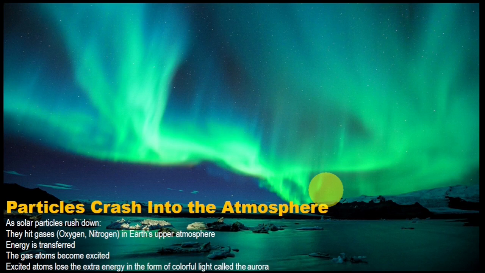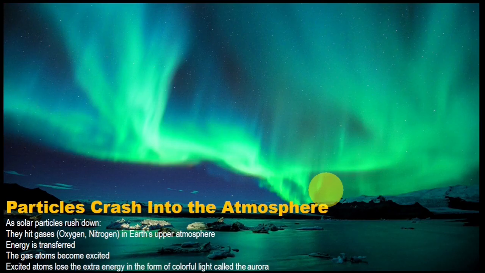In the process of coming down, they give up some energy until they become the way they were before. That energy they give up is emitted as light, and that is what we see as the aurora. So that is just the excitation of molecules in the atmosphere.